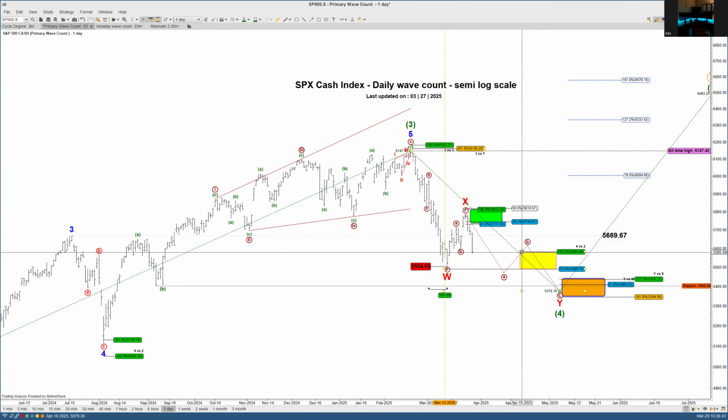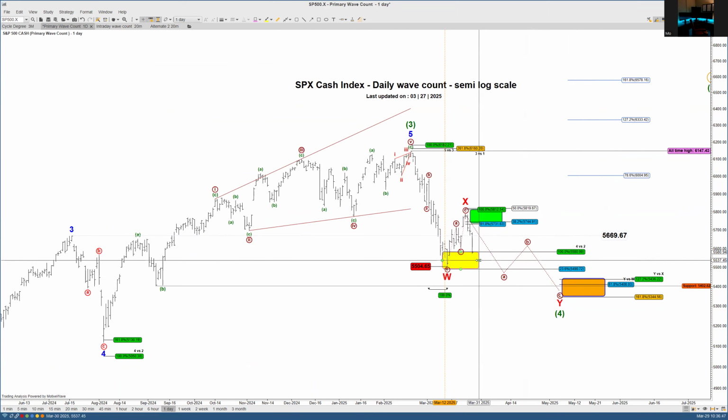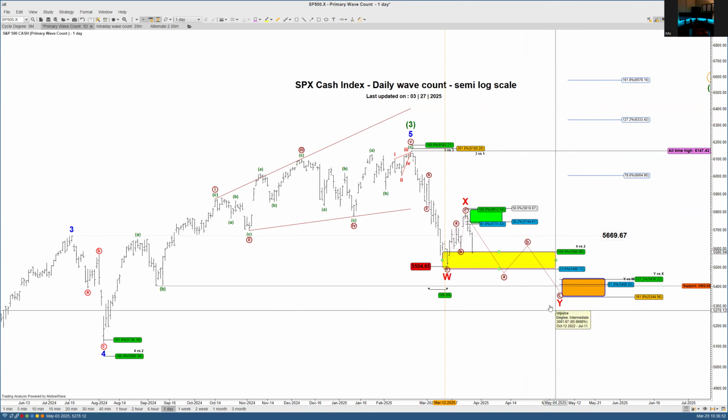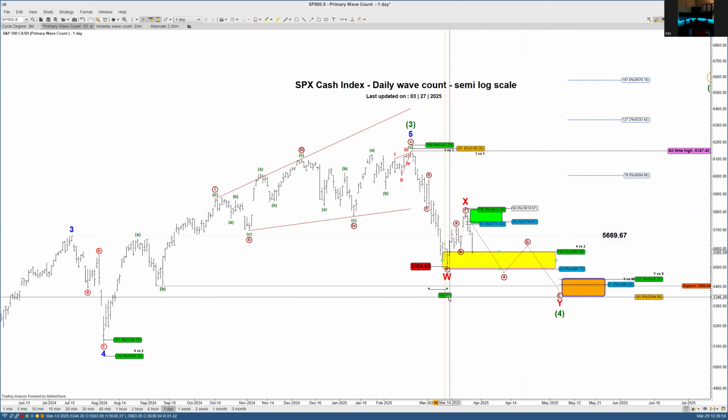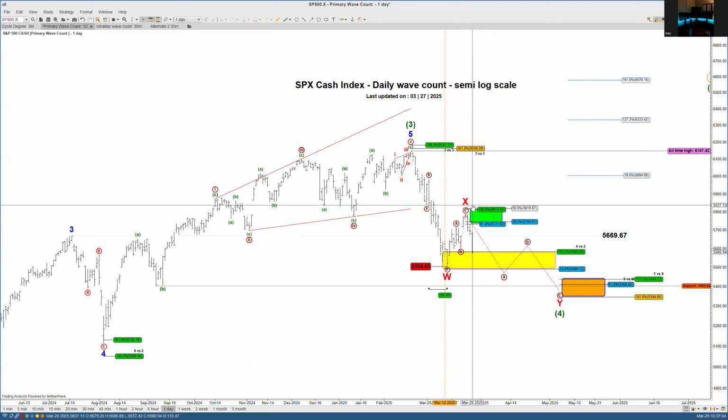Take this low and this. Take this zone, 5580 to 5490. See this zone right there? It helped because I did this with the time and price along with this ABC decline. So this is where we just got the bounce.